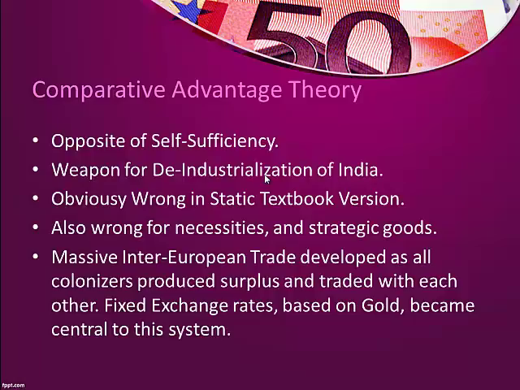All industries start. Obviously, if you start an industry, it will be at a disadvantage compared to industries which are in advanced countries. But unless you do that, you will never develop industries. So countries which followed the comparative advantage theory, they never developed industries, while countries which violated this, like Germany, it had this economist called List who said that you have to have infant industry protection.